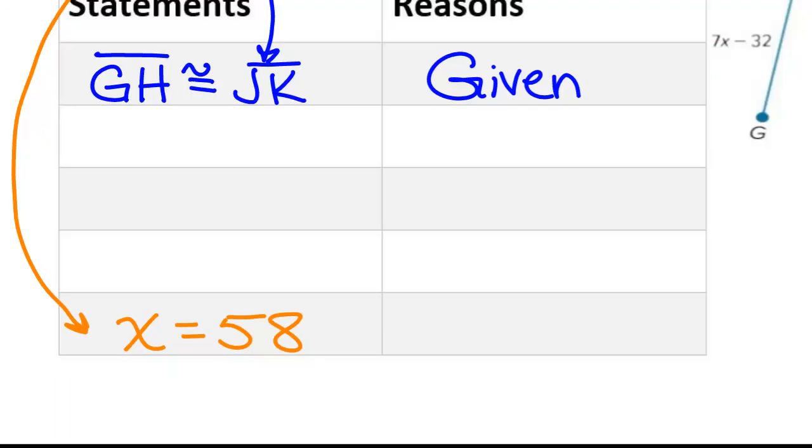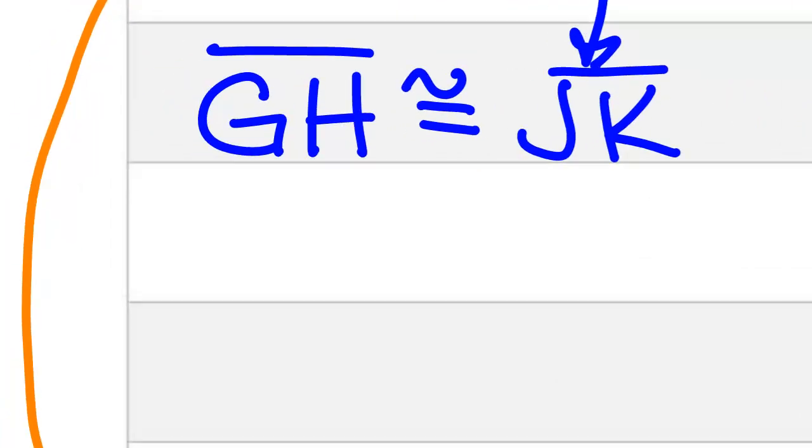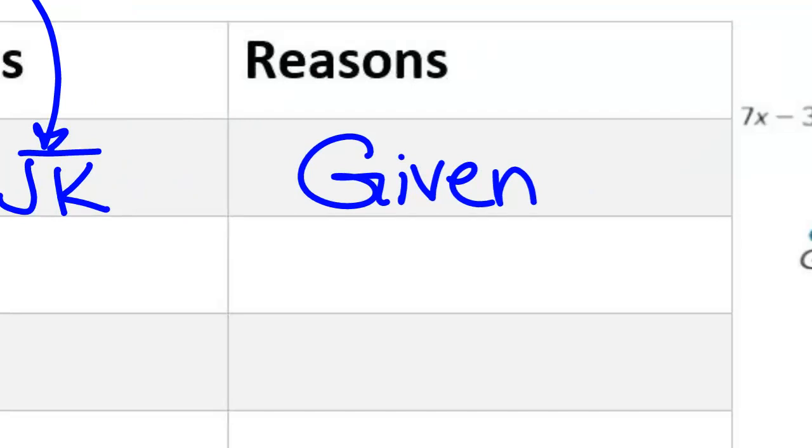So there's a couple things that statement right there tells me. One, I'm going to need an equal sign. Do I have an equal sign right now? No. Can I get an equal sign from this information? Yes. What could I write down that has an equal sign? Definition of congruent segments would be my reason.